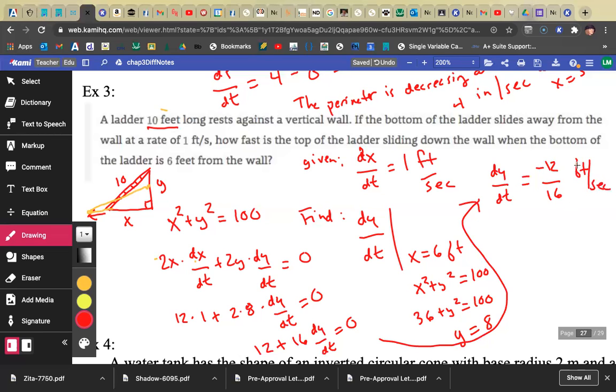When I simplify that, that ends up being negative 3/4. So I have dy/dt is negative 3/4 feet per second.